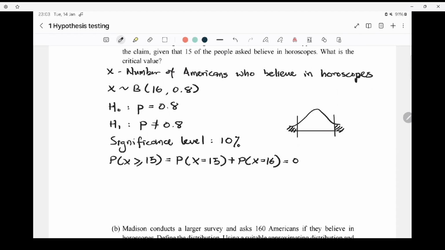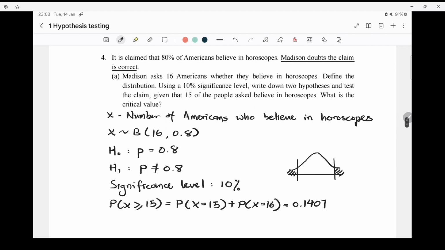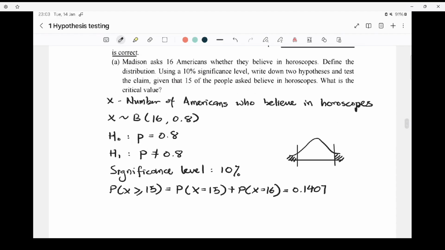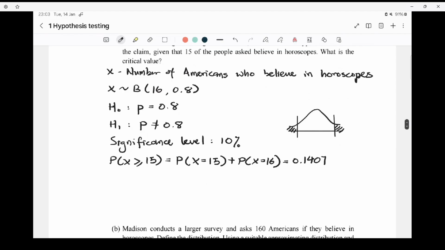and this is 0.1407. You can actually calculate that one. So P(X = 15) is 16C15 times 0.8 to the power 15 times 0.2.